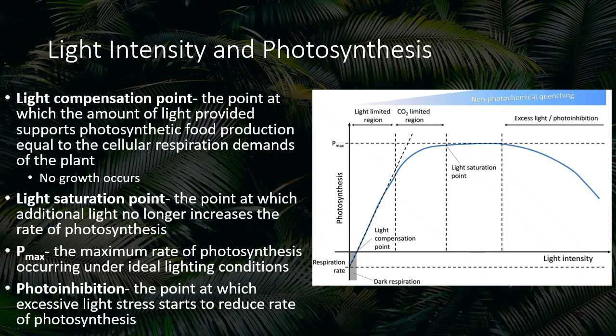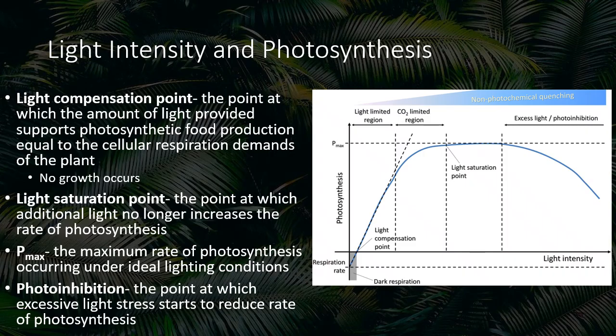So at this amount of lighting, a plant is able to do just barely enough photosynthesis to meet its basal metabolic demands, right? So the plant has a minimum metabolic expenditure of energy every single day in order to do the minimum processes that are required to keep cells alive and healthy. So we're capturing just as much energy as we are using up or releasing.